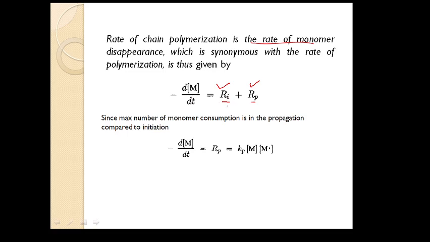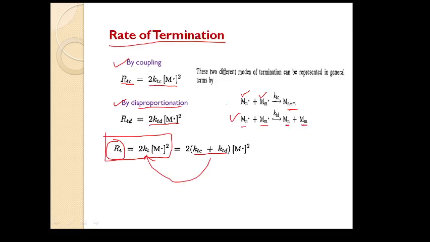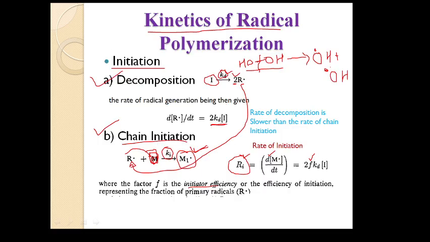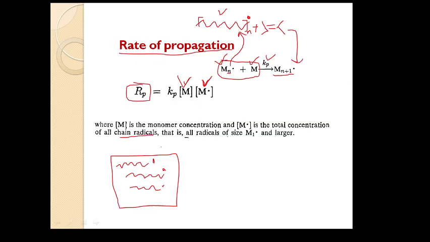Now, if we compare the population of the monomer in the initiation step and in the propagation step, we find that the number of monomers disappearing is maximum in the rate of propagation compared to the rate of initiation, because in the initiation step only one monomer exists, but in the propagation step we keep on adding a number of monomers, right?